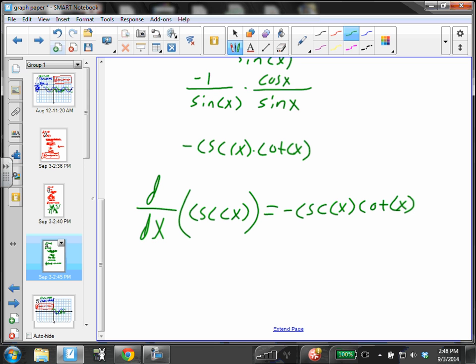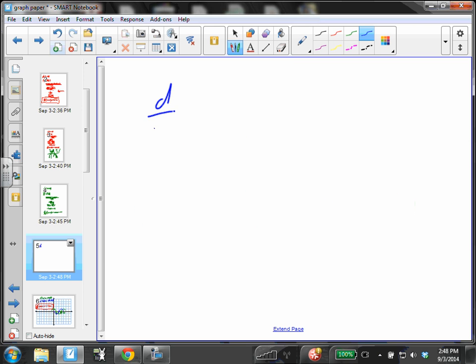Might as well do cotangent, right? All right, so let's do the derivative of cotangent.